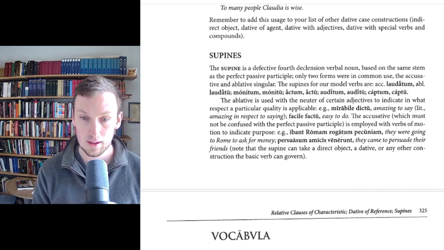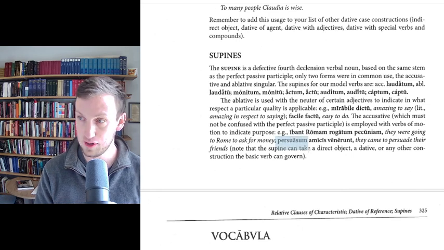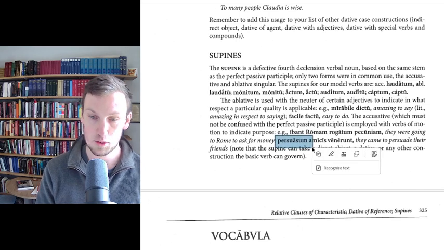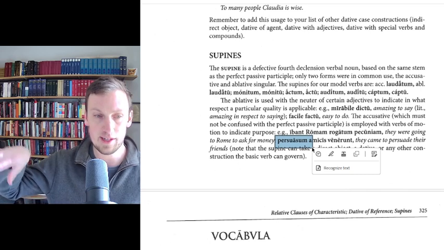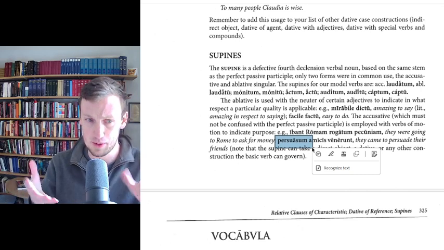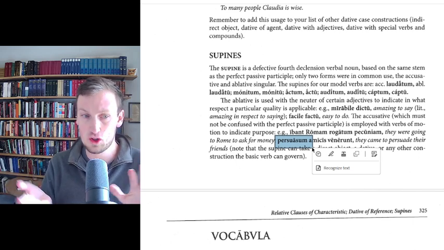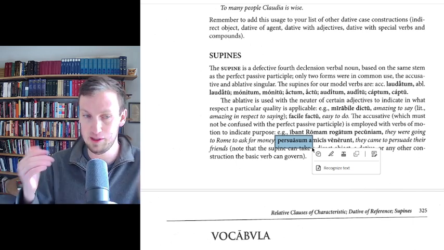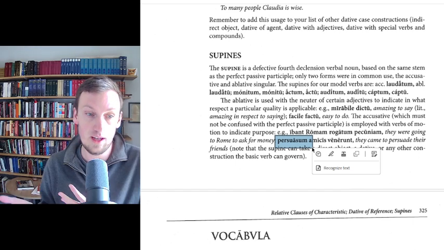Okay? So the interesting thing about this verb, persuadeo, is that the verbal noun is going to take direct objects or other things can be built around it, its object or its indirect object, in the same way you would treat it if it was just the verb there. If we just got rid of the coming, you can say they persuaded their friends, you'd use the amicis, you'd use the dative.